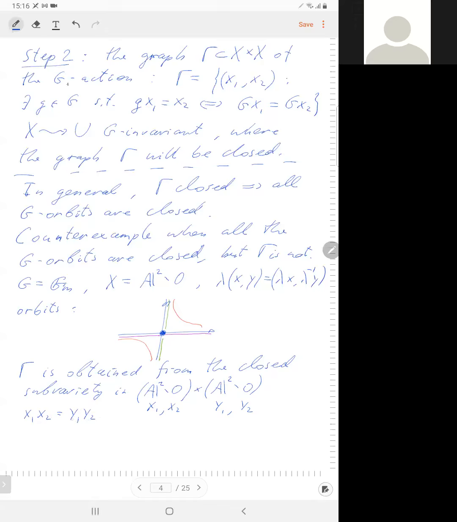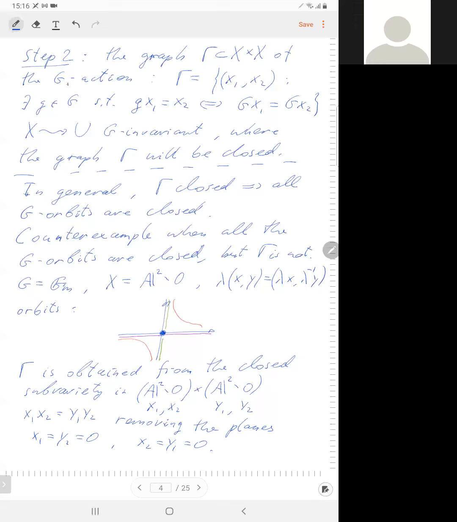So this is closed, but gamma is obtained from this by removing the planes x1 equals y2 equals 0 and x2 equals y1 equals 0.